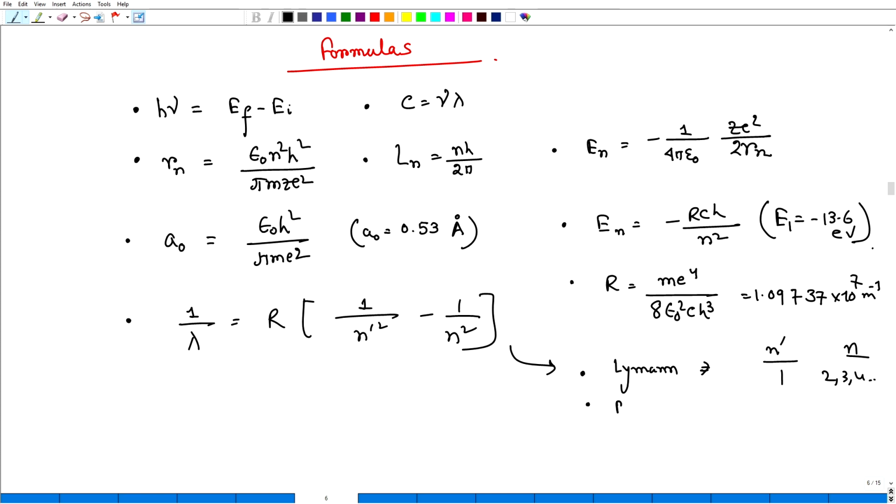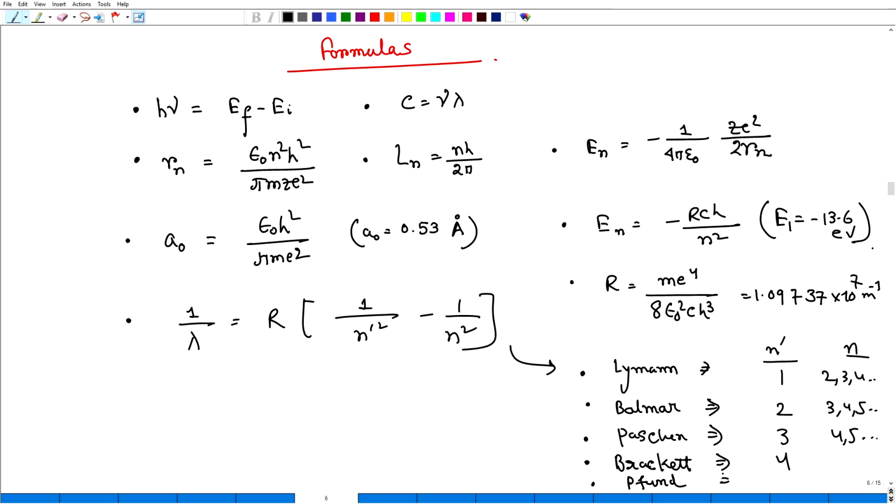Balmer, it is 2, from 3, 4, 5 and so on. Then Paschen, actually 3, from 4, 5. Okay. Then Brackett and Pfund. These were the series of the atomic spectrum, and so on.